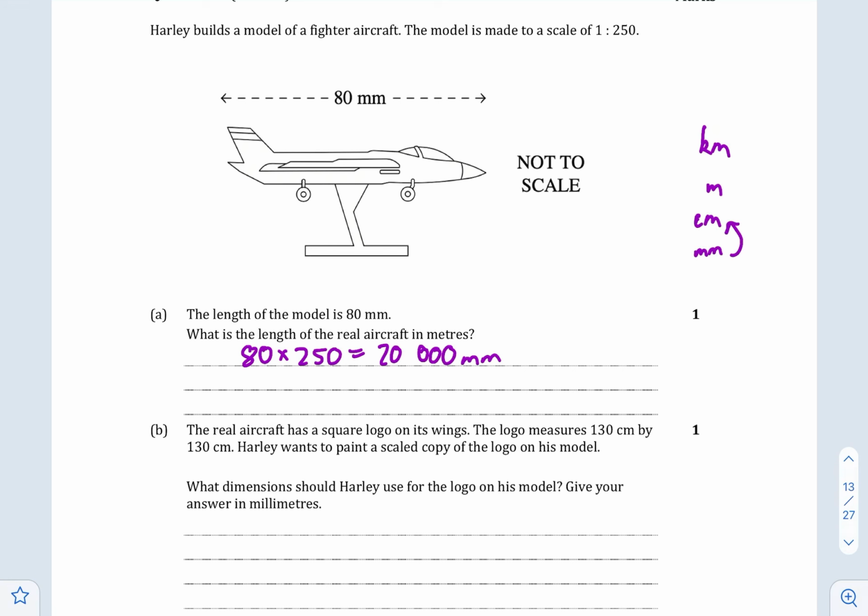To go from millimetres to centimetres, we're going to divide by 10, and to go from centimetres to metres, we're going to divide by 100. Not that it matters for this one, but if we needed to go to kilometres, we divide by 1,000. So we need to divide 20,000 millimetres by 10, and then again by 100 to get to metres. So if we do that, we're left with 20 metres as our answer.